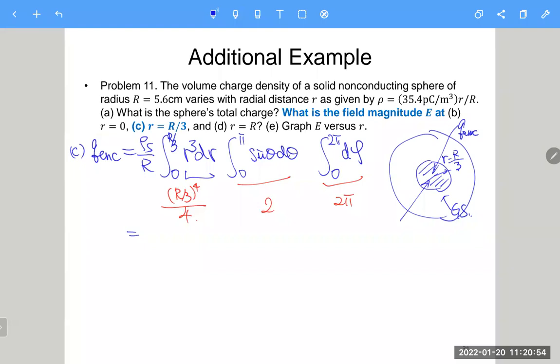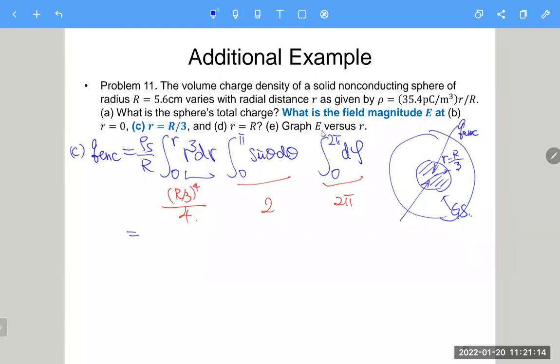Maybe we can still keep this as small r, because for part E, we still need to graph the E versus small r.